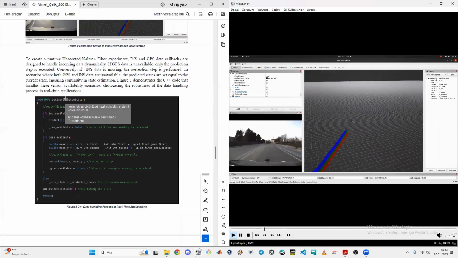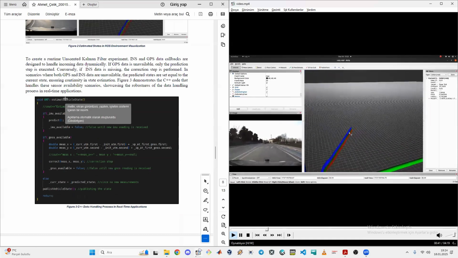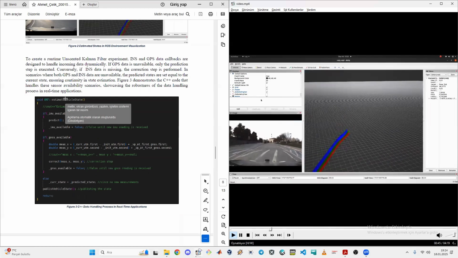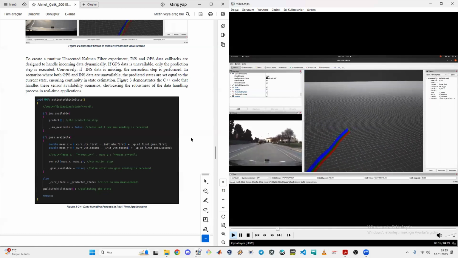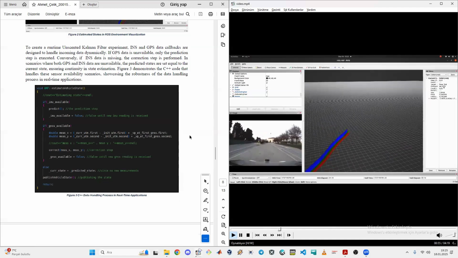To conduct a real-time unscented Kalman filter experiment, callback functions for INS and GPS data are implemented to process incoming data dynamically. When GPS data is not available, the algorithm performs only the prediction step. On the other hand, if INS data is unavailable, the correction step is executed instead.